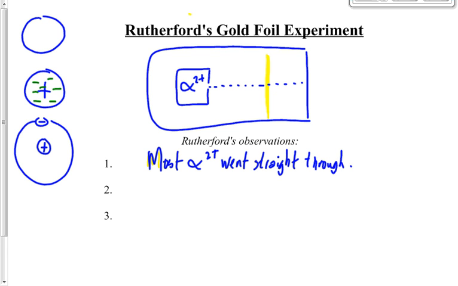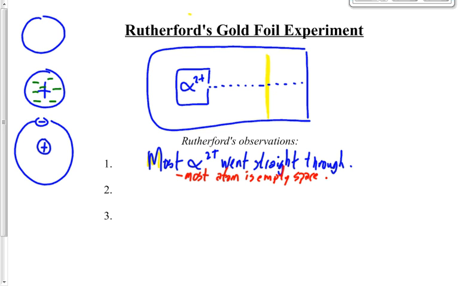They mostly went straight through. What does that tell Rutherford and his assistants about the structure of the atom if most of the alpha particles that were fired at these atoms of gold foil went straight through? Most of it's empty space, just like the football field analogy we used, right? That told us that most of the atom is empty space.